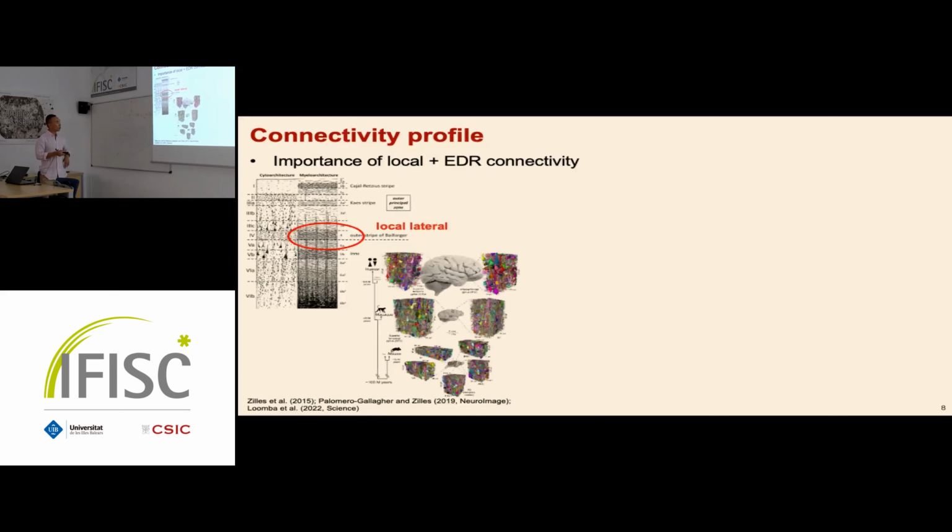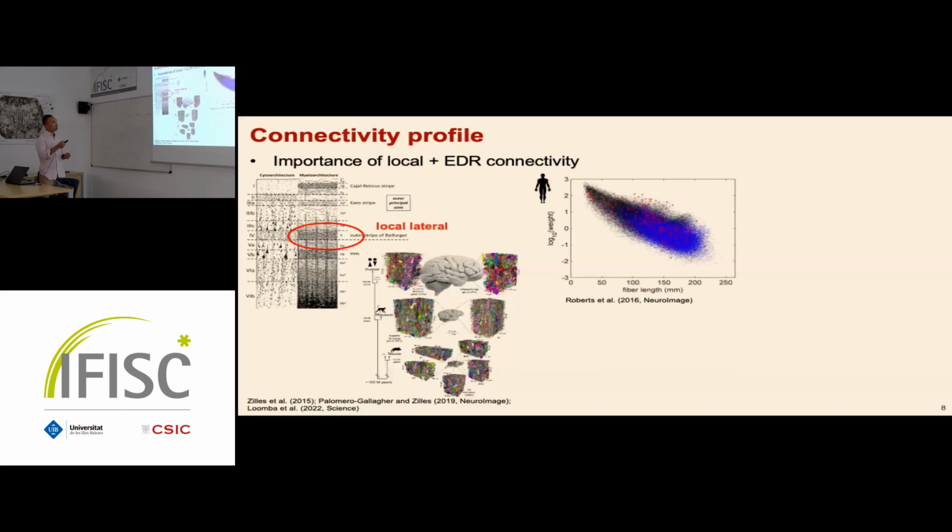And that's true even when you do high resolution electron microscopy in different animals. You see all these neurons tightly packed in a small volume of the cortex. So intrinsically, you have a lot of lateral and local connections in here, and that should have an effect on your overall dynamics.